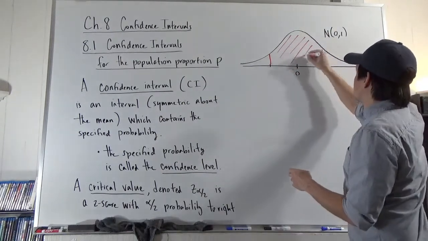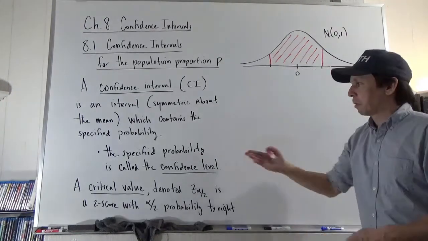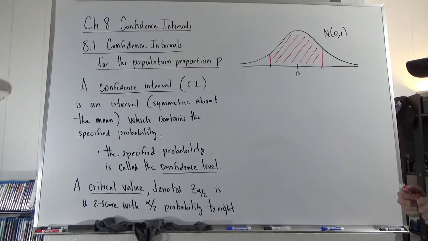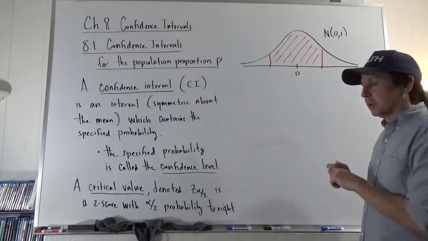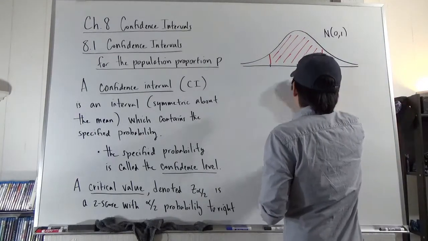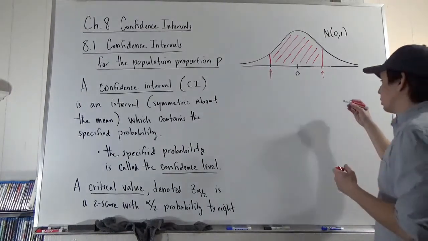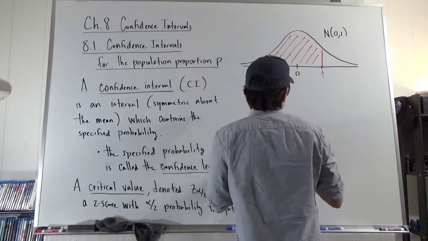That contains a certain specified probability trapped between them, within that interval. That's called the confidence level, that area that I shaded in red. And back then I was just labeling this a negative z and a positive z, and I'd have you find those z-scores. The technical labels for these are, and let me not put it in red.